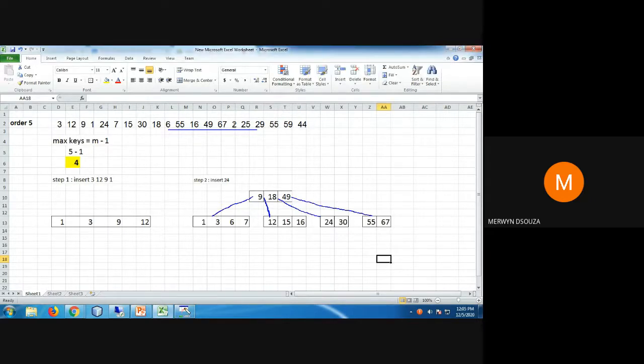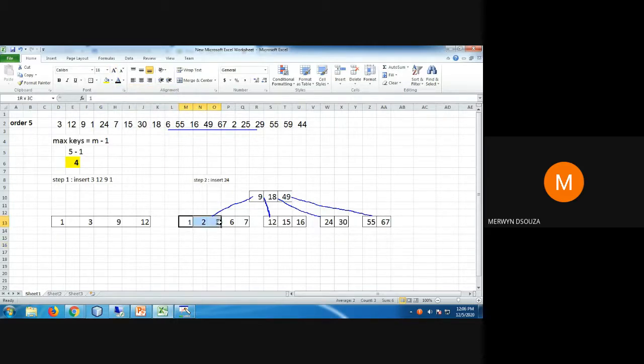Next value I am inserting is 2. When I take 2, the correct place for 2 is this leaf. So I will have here 1, 2. Why is 1 not coming? Okay.